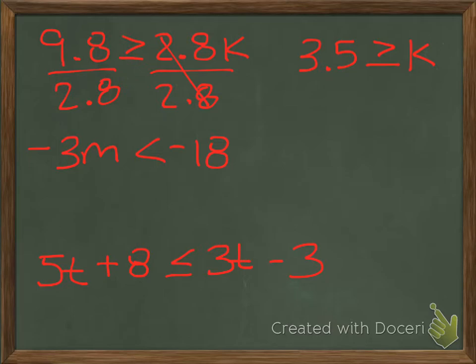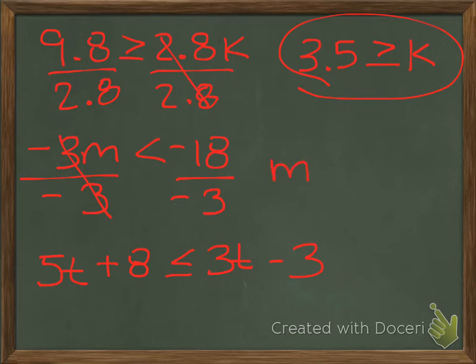I would read this one as k is less than or equal to 3.5. The next one, we're going to divide by negative 3. Whenever we divide by a negative or multiply by a negative, we need to flip the symbol. So we're going to make this not less than, we're going to make it greater than, and we get negative 18 over negative 3, which is a positive 6.